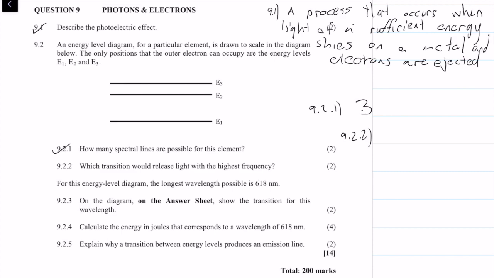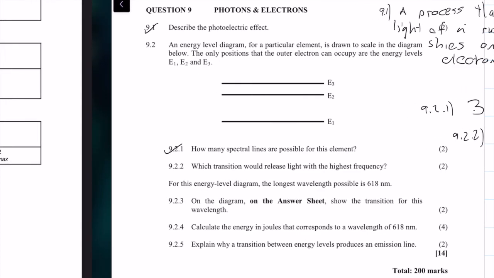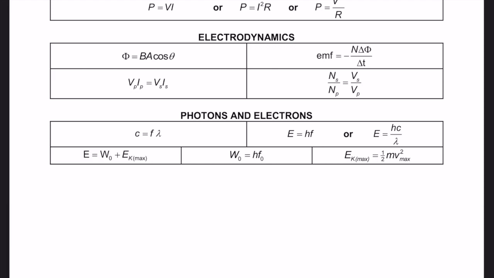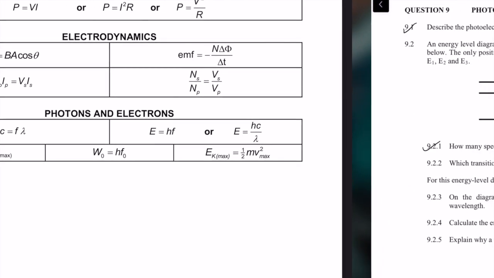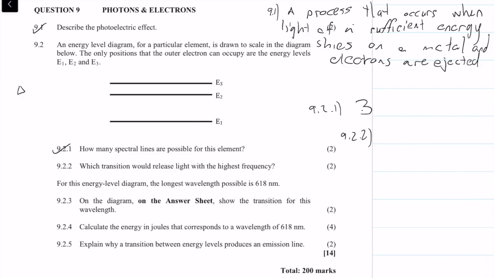9.2.2, which transition would release energy with the highest frequency? Remember, if we look at our formula sheet, energy is equal to h times f, so the change in energy is equal to hf. So the frequency equals change in energy over h, which is a constant. This is change in E1, this is change in E2, and this would be change in E3.